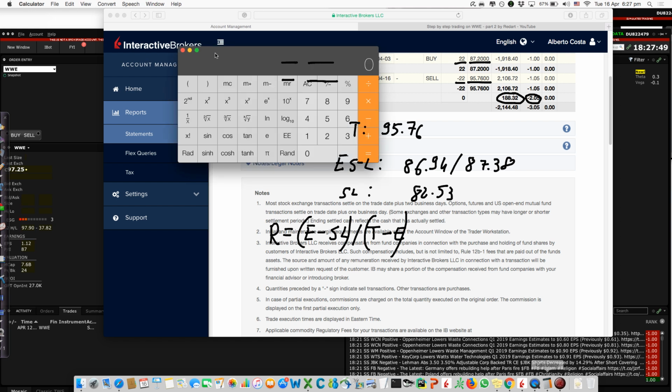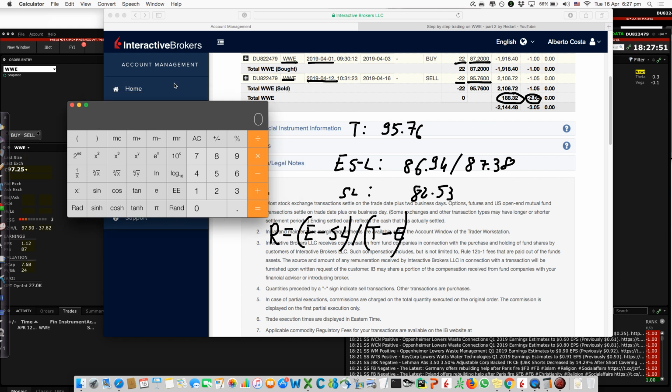So let's check what this number is. Remember, we enter at 87.2 and we exit at 95.76. So the profit per share is 8.56. And the difference between entry and stop loss is what?